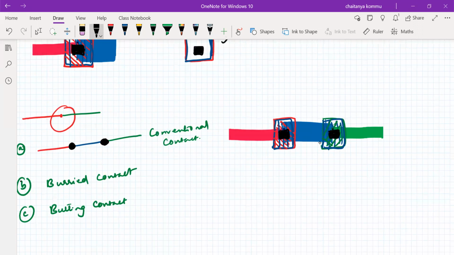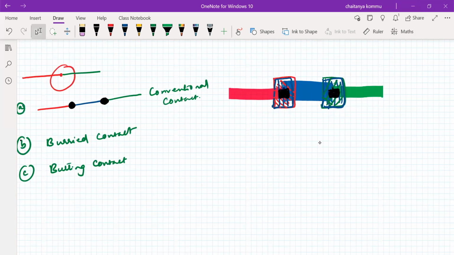But in the buried contact, what we have to do is, except on the polysilicon side, in all directions we have to maintain a minimum of 2 lambda. So how do we do this?